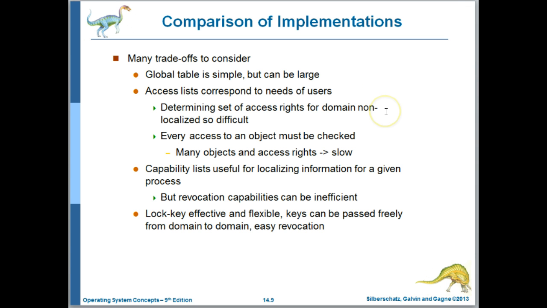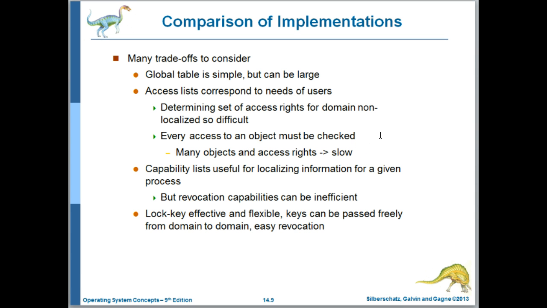Now, given a particular domain, if we want to know what its complete set of access rights is to all the objects in the system, we have to examine each object in the system to check to see if that domain has any rights. That's going to be time consuming.